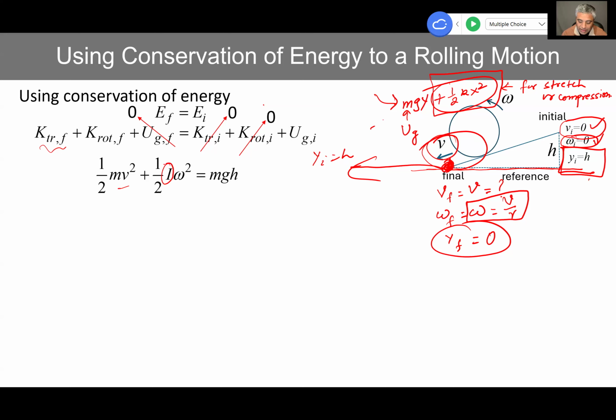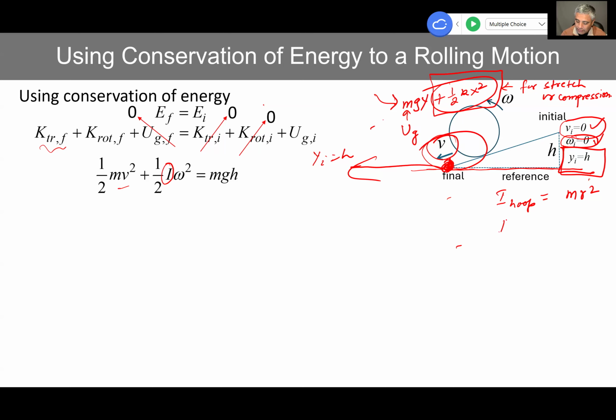Now let's talk a little bit about rotational inertia. We already learned the rotational inertia for the rolling objects. What are the possible rolling objects? One is hoop, another one is disk, and another one is sphere. So let's write all of these rotational inertias, assuming their mass and radius are the same for now.